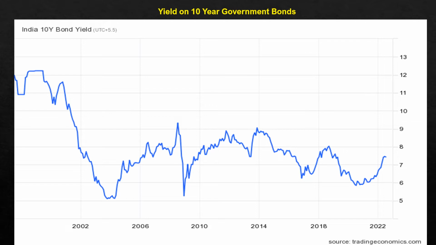Here is another very important chart. Advisors tell us about investing in gilt funds. Gilt funds are those which invest in securities issued by the central and state governments. Of course, now there is a window available for retail investors to even directly buy those bonds through the RBI created window, right?